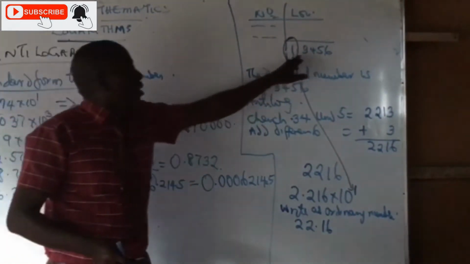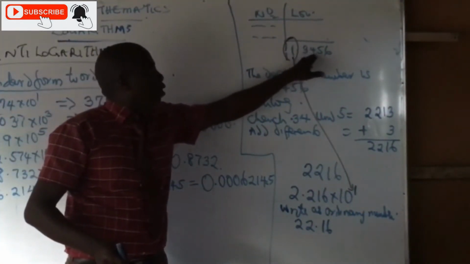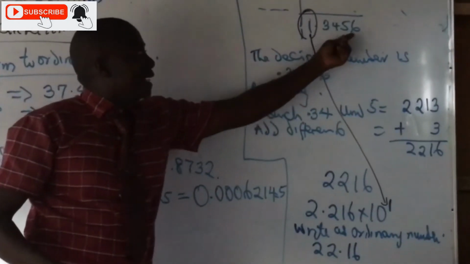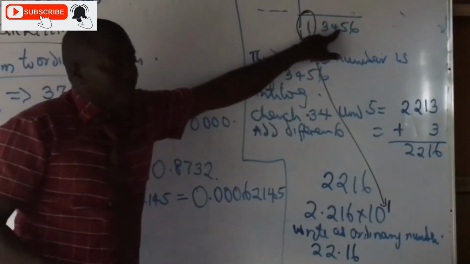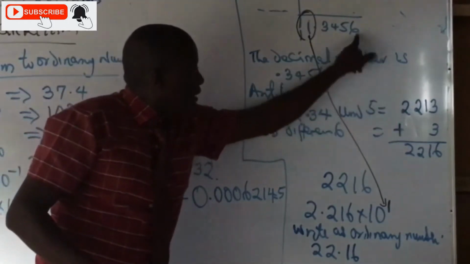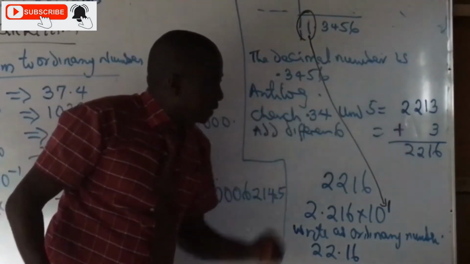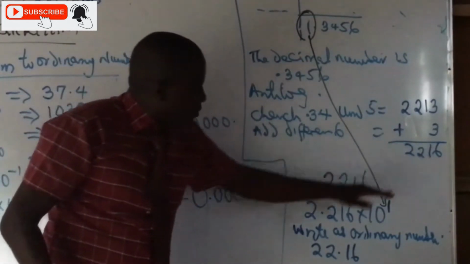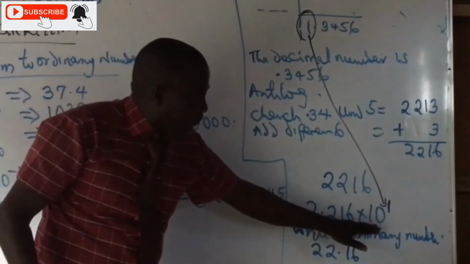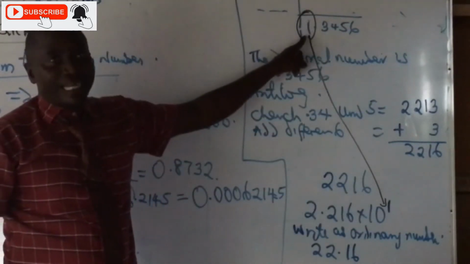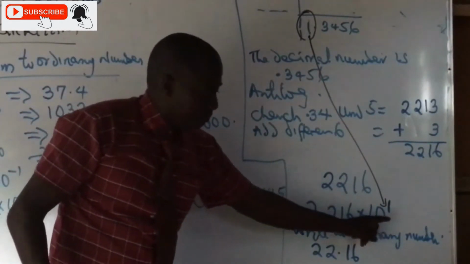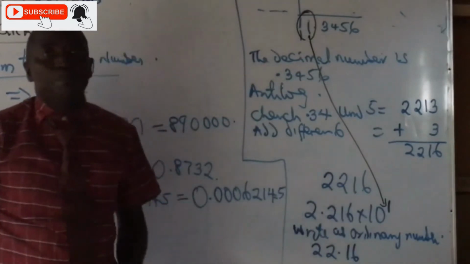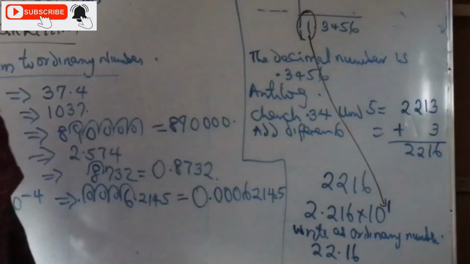The anti-logarithm of 1.3456: we check 0.34 under 5, add the difference of 6, and when we check, it is 3. Then the number will be written in standard form. The excess of the characteristics will now be the power of 10. Then the number will be converted back to the ordinary number.